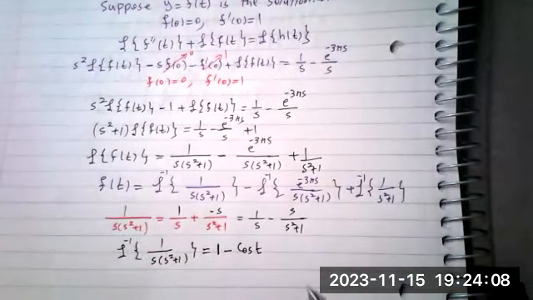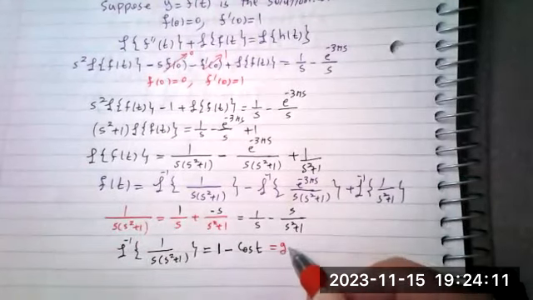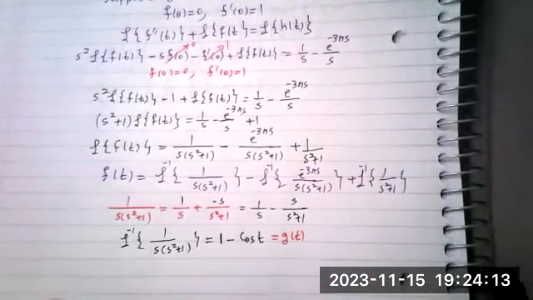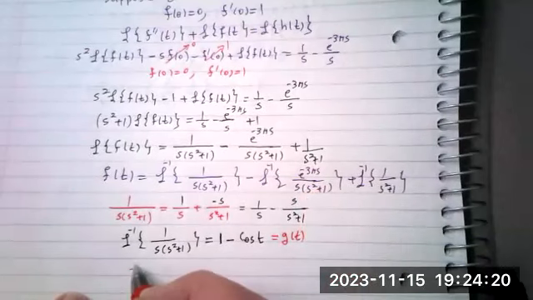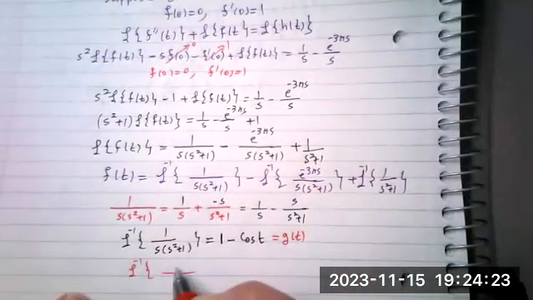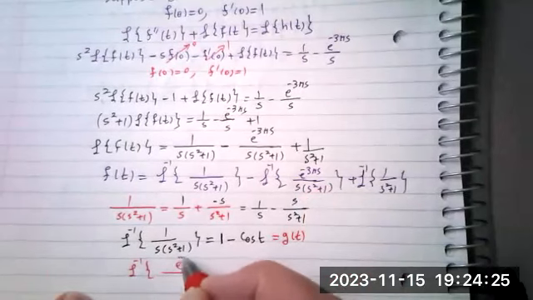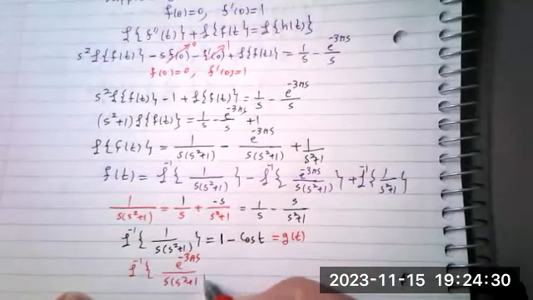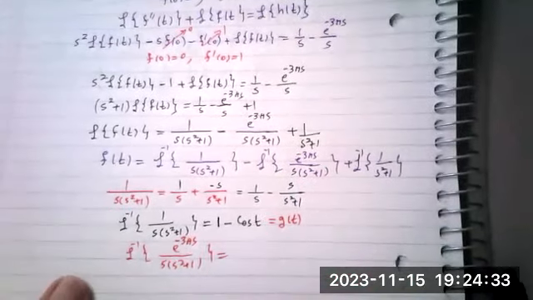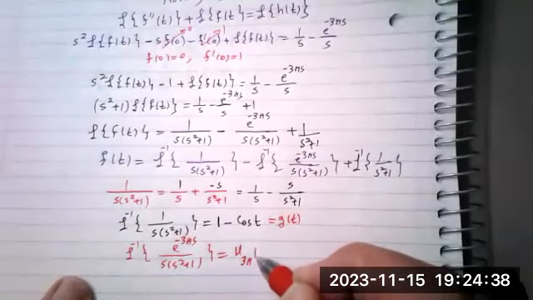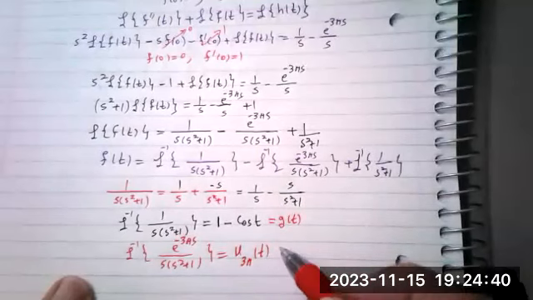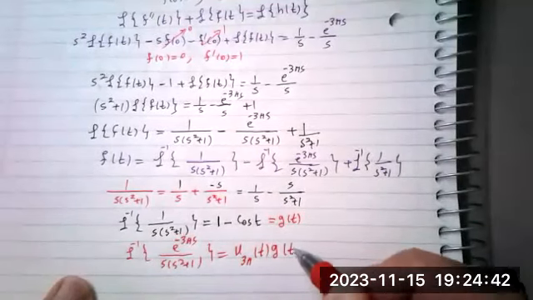Since I already got f of t, I'm going to call this one g of t. As soon as you call this one g of t, you are ready to get the next one. So what's going to be the next one? Laplace inverse of e to the negative 3 pi s over s times s squared plus 1 is going to be a unit step function at 3 pi times g of t minus 3 pi.